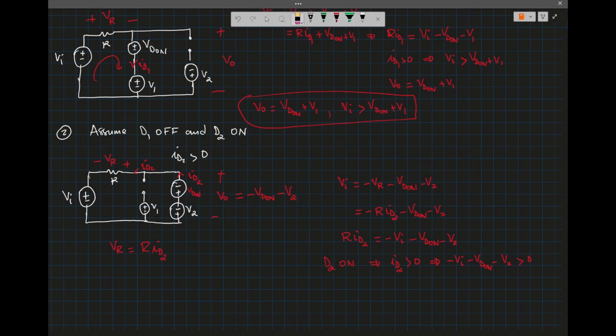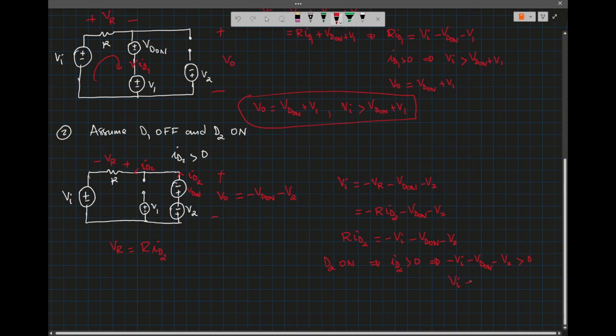I can just multiply this by minus one, to avoid sign mistakes.